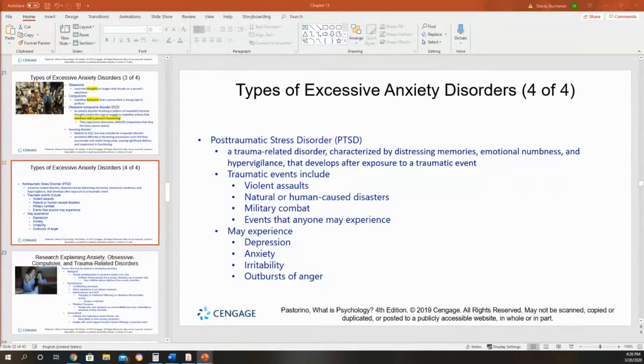So it could be the sudden, unexpected death of a loved one, witnessing a violent crime, a deadly traffic accident. Those can all cause post-traumatic stress disorder. So they avoid situations, thoughts, or memories associated with the trauma, but they sometimes experience these flashbacks to it.